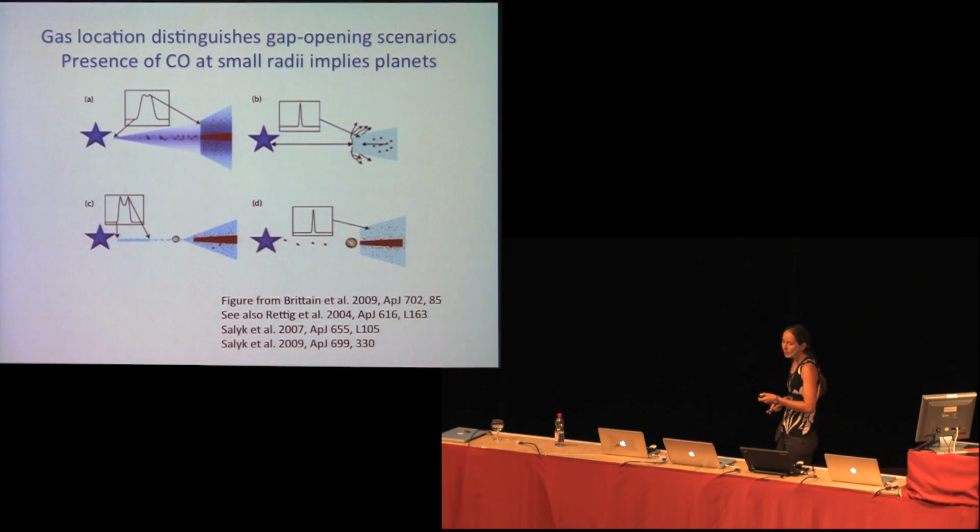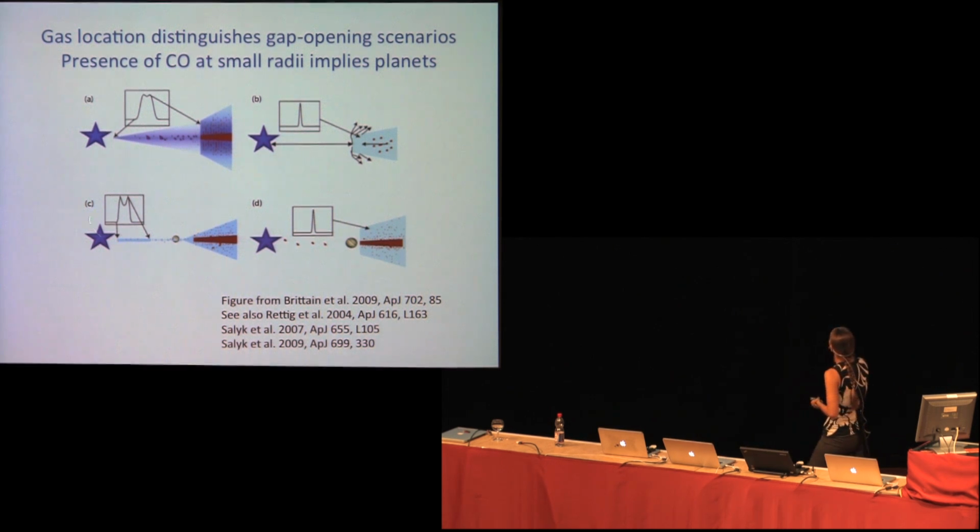One thing that we can do is use the volatile measurements to constrain the properties that we see. So if you see a gap opened in a disk, you may ask, well, is that due to photoevaporation or is that due to planets?